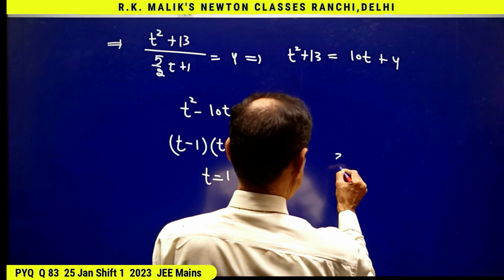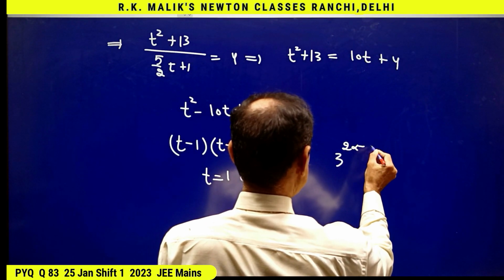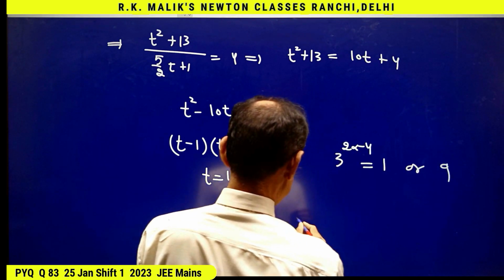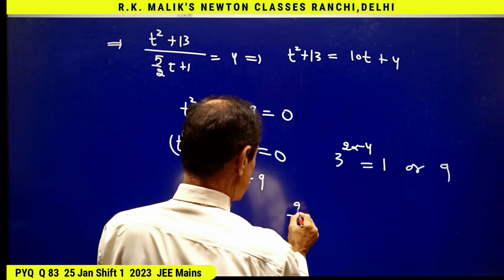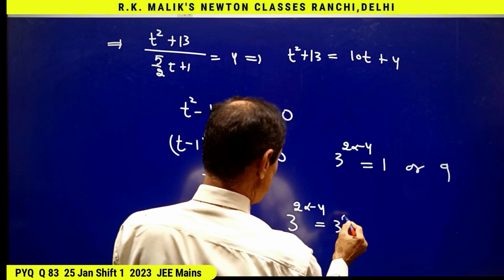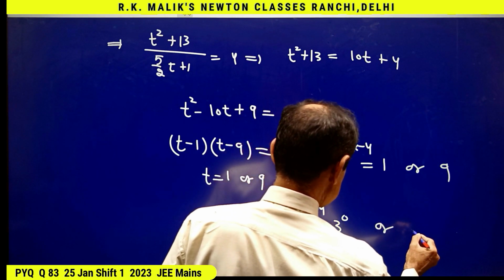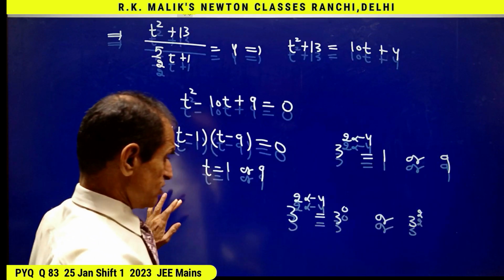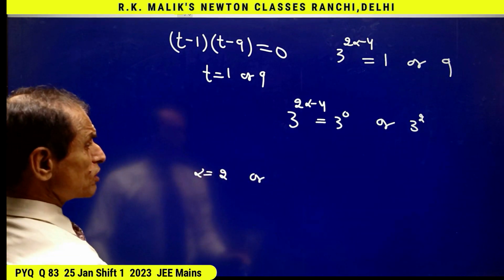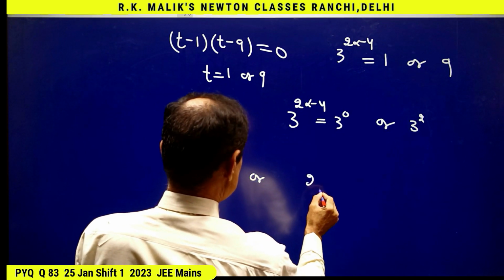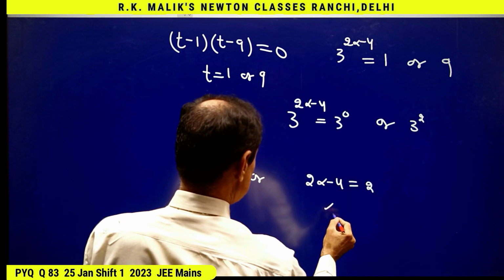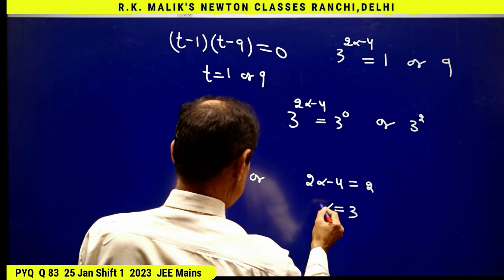That is, I can say 3 to the power 2 alpha minus 4 is equal to 1 or 9. That is 3 to the power 2 alpha minus 4 equal to 3 to the power 0 or 3 square. That is, I can say alpha is equal to 2 or 2 alpha minus 4 equal to 2 implies that alpha is equal to 3.